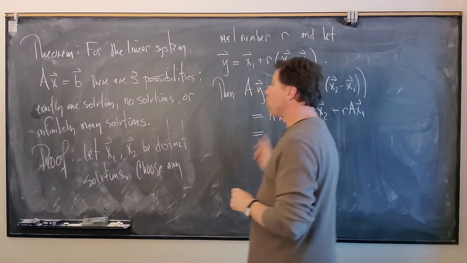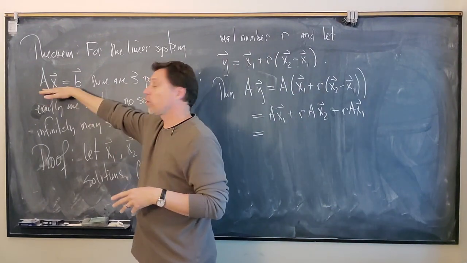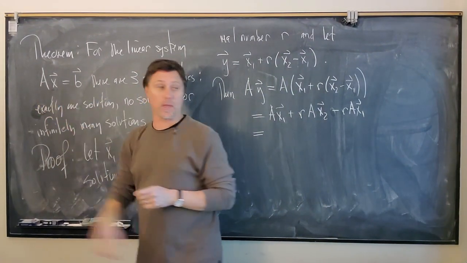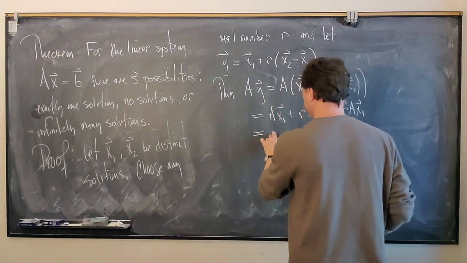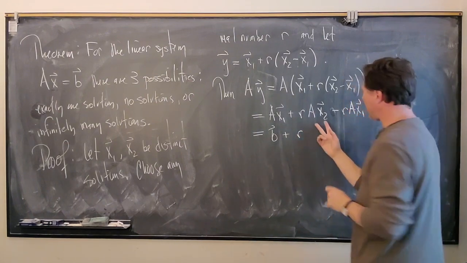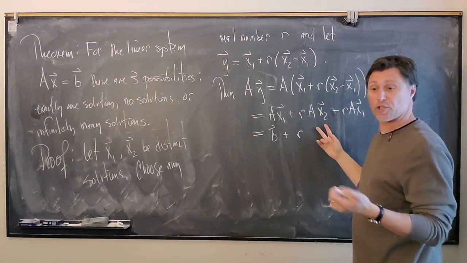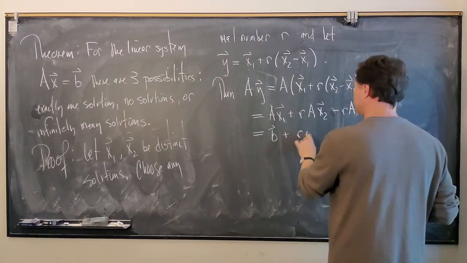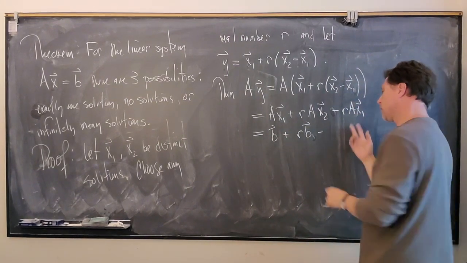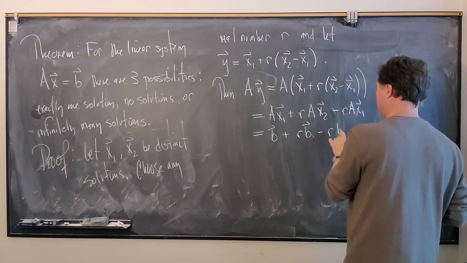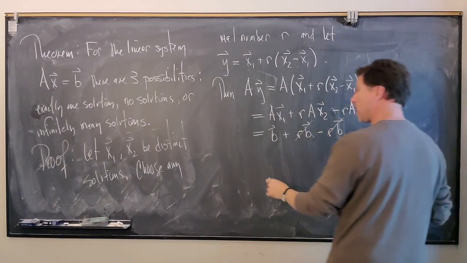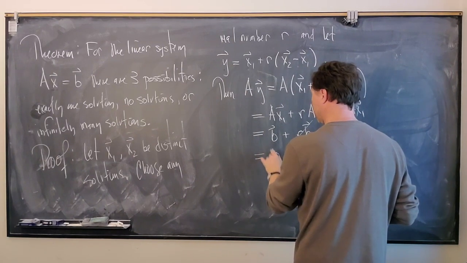Well, x1 is a solution to our original system, which means that A times x1 is equal to B. So this is equal to B. Then we have r times A x2. x2 is a solution, so A times x2 is equal to B. Same thing, x1 is a solution, so here we're going to get r times B. These cancel out, and so what we're left with is B.